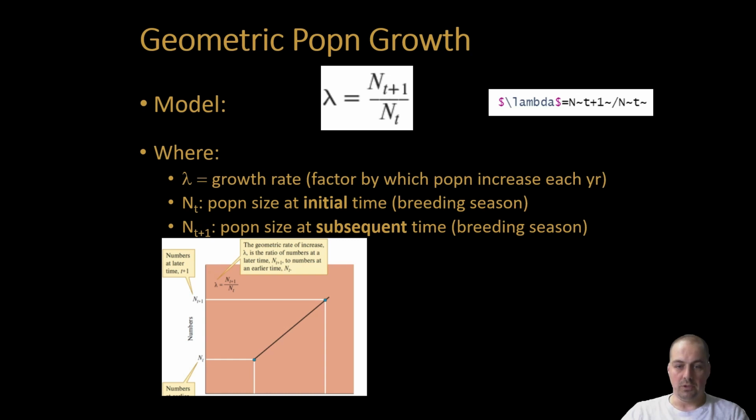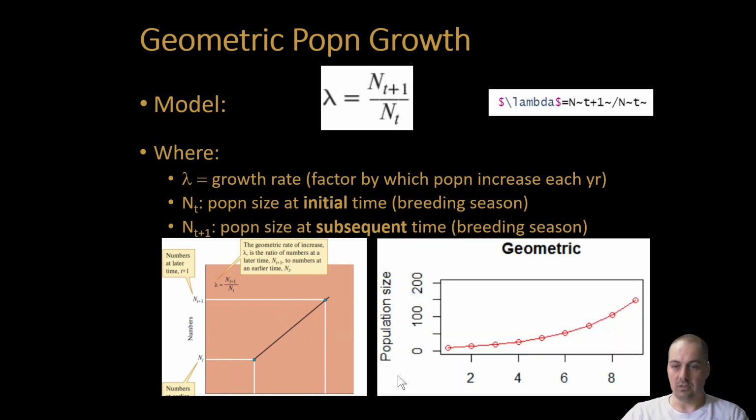So you'll notice that this line looks linear, and I mentioned that the geometric growth rate produces a slightly curved line. So the reason this is linear is because it is between two discrete time points. So if you look at the line between each of these points, you will see that it's linear, but because it increases over time, it ends up curving.